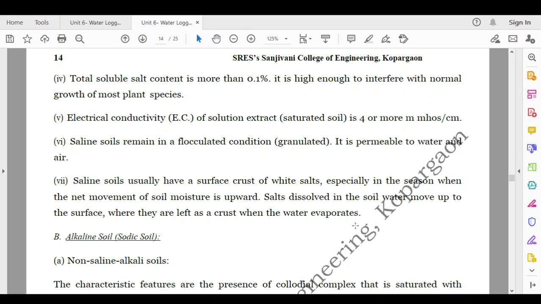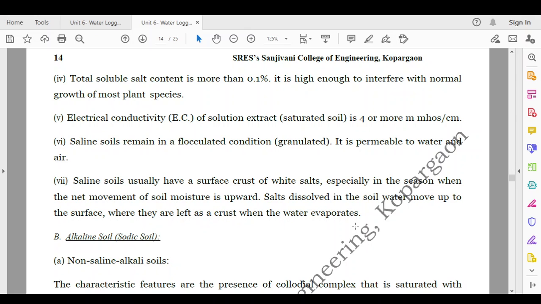So it is important: though the salt content is very small, 0.1%, it is still high enough to interfere with the normal growth of most plant species. Then electrical conductivity, EC, of the saturated soil extract is 4 or more millimhos per centimeter.